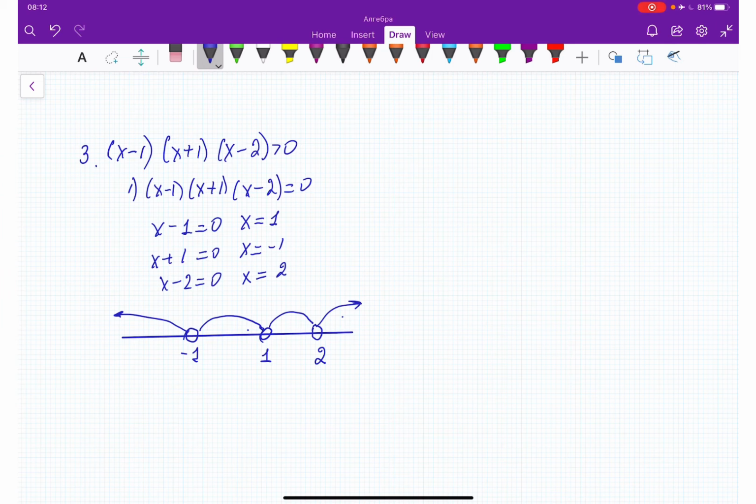Let's see what numbers we are going to pick. Less than negative 1, let's take negative 2. Between negative 1 and positive 1, I'm taking 0. Why would I make my life more difficult? 0 is between them, I'll take 0. Now between 1 and 2, this one will get me 1.5.